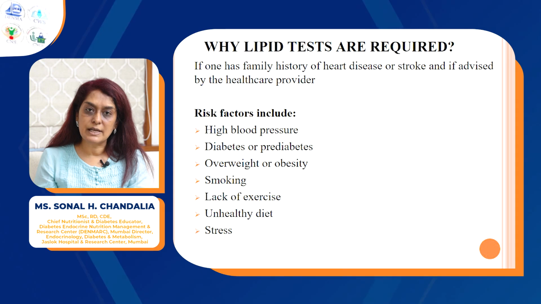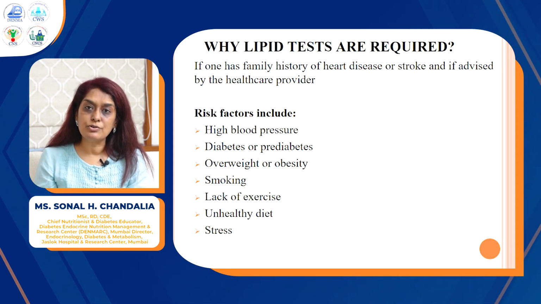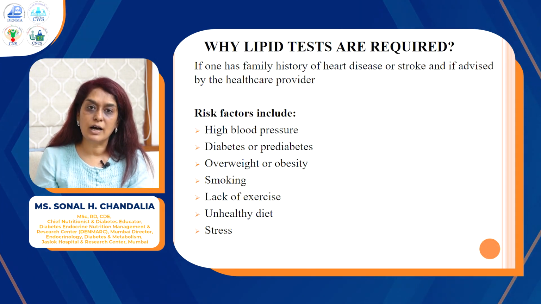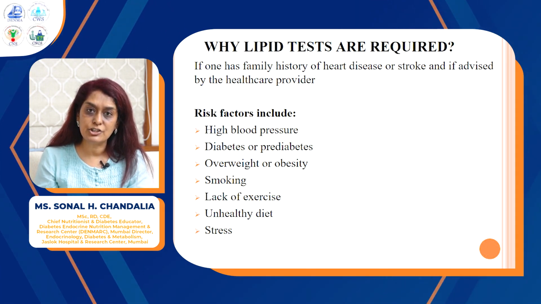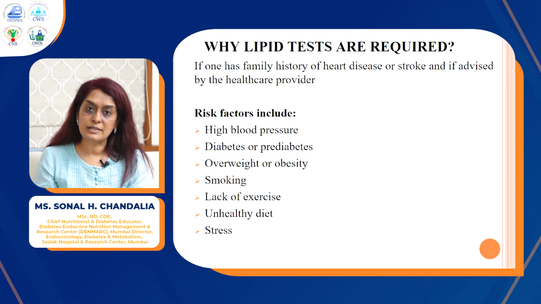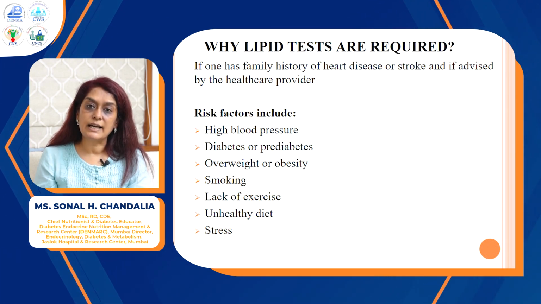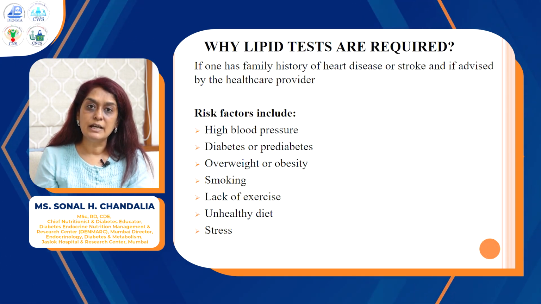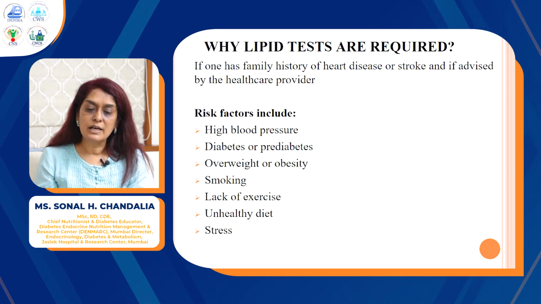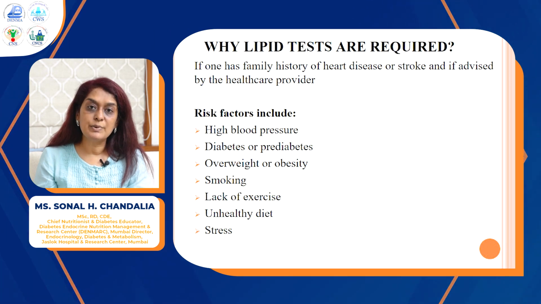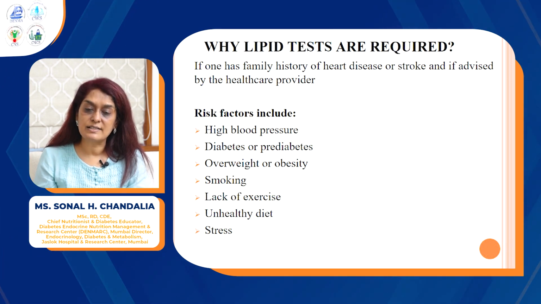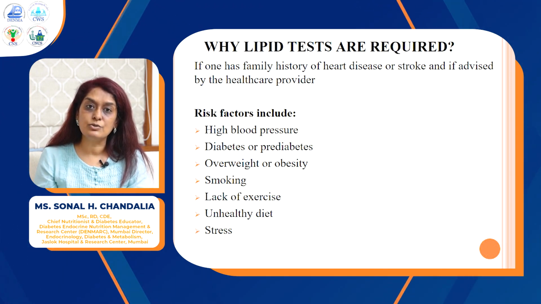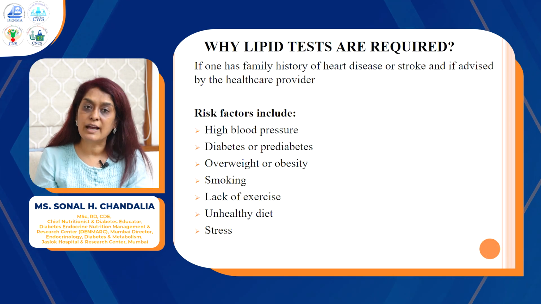Now, why are these lipid tests required? It is very important to remember that if you have a family history of heart disease or stroke, then this is required to at least assess it at an early age, and also certain other risk factors which may be included, like high blood pressure, diabetes or pre-diabetes in the family, obesity or overweight, a habit of smoking, a very sedentary life and lack of exercise, an unhealthy diet, and if one has always faced undue stress for different life reasons.